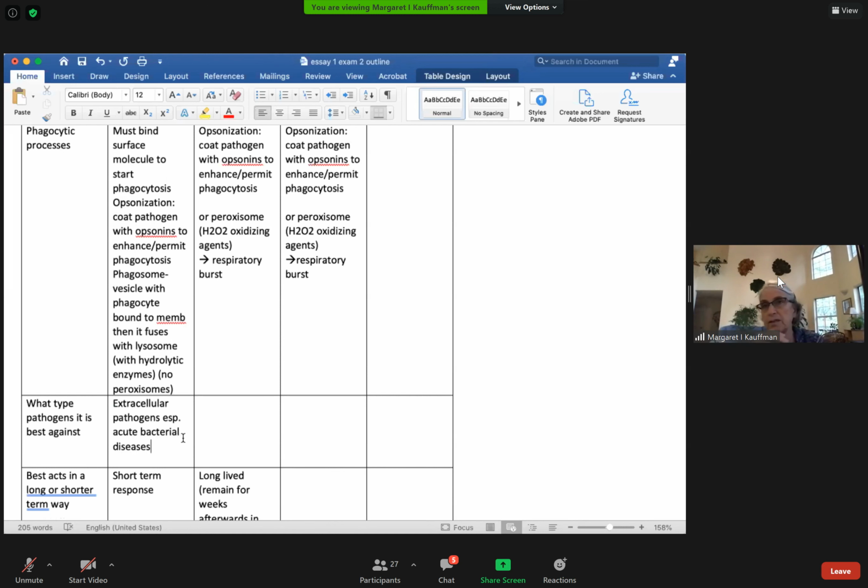That doesn't mean to say that fungal diseases, I mean, if you have athlete's foot or something, it's not going to act. But that's where you see the rise in the differential white blood cell.